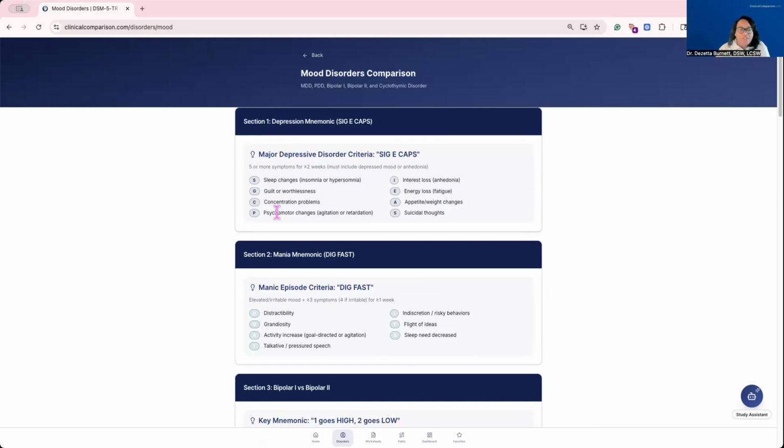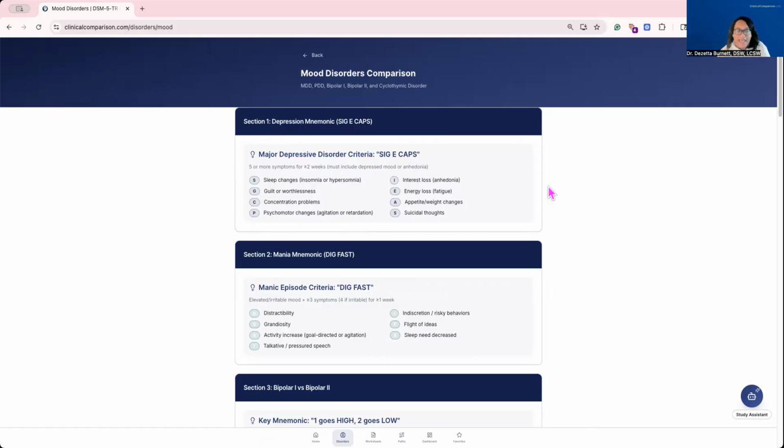P, psychomotor changes, which could be agitation or retardation. And S, suicidal thoughts. The key is you need 5 or more of these for at least 2 weeks, and one must be either depressed mood or anhedonia. This is your baseline.